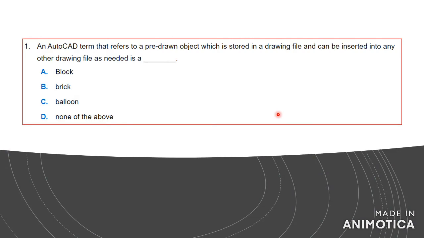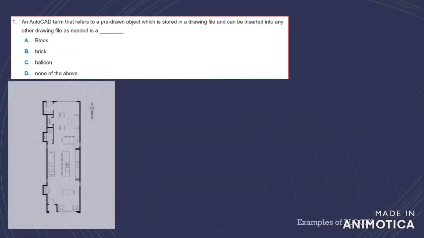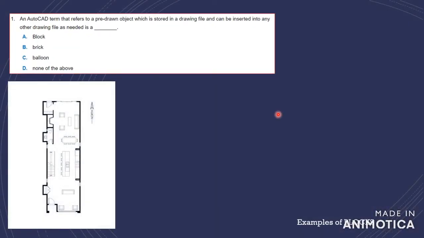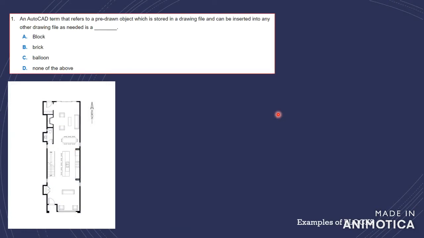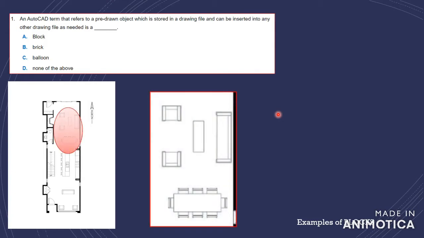Following the video, I'm going to show you an example of a pre-drawn object. Below you have a floor plan with the various objects inside of the walls, and in the second drawing is what I highlighted over here, and these are the blocks that are in the drawing.